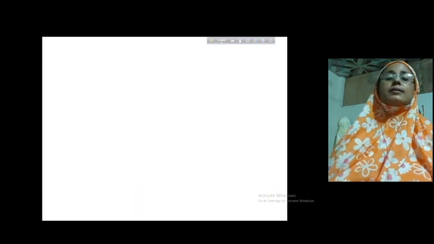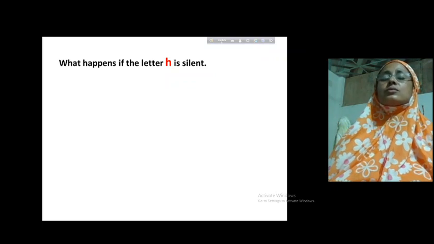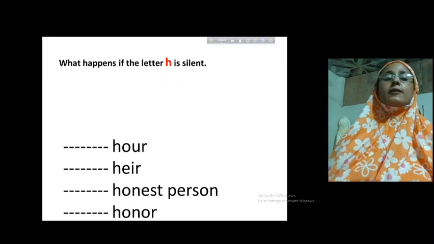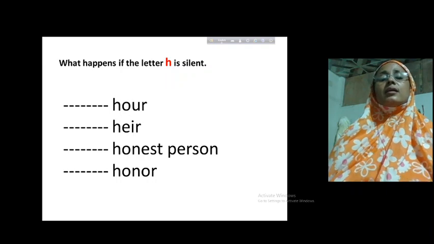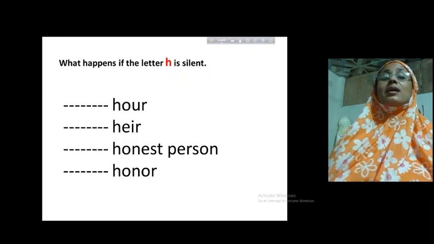Very good. What happens if the letter H is silent? Hour and house. Can you remember? Oh yes, it was at the beginning. Very good. And can you read? Will you read hour? No, it is hour. And heir?